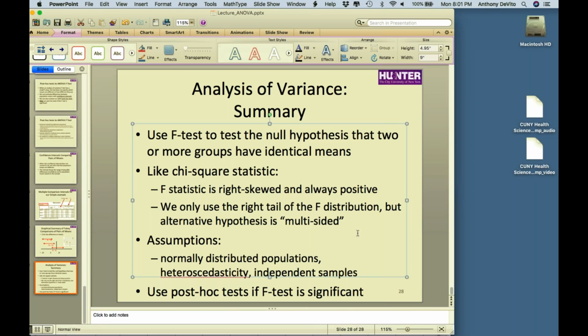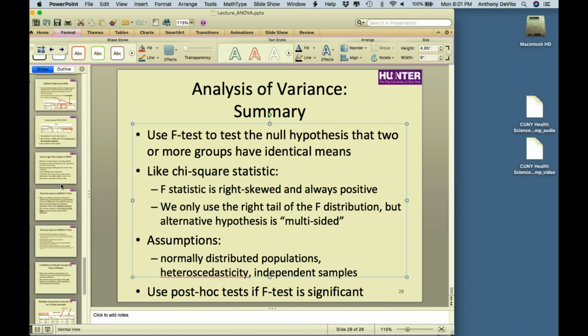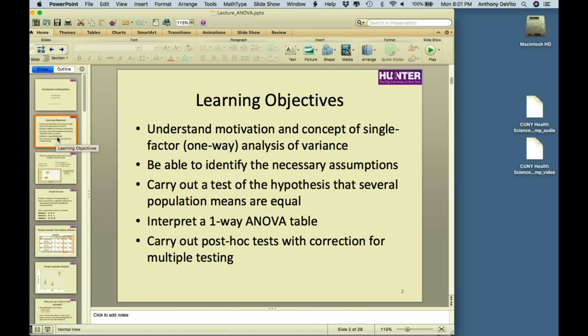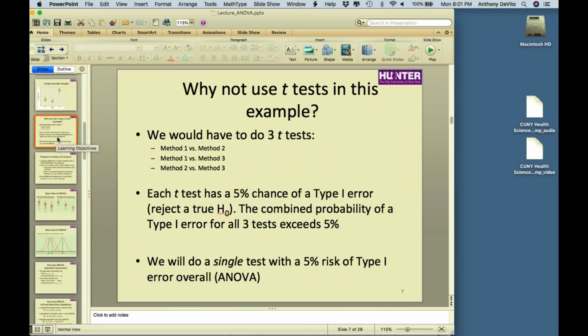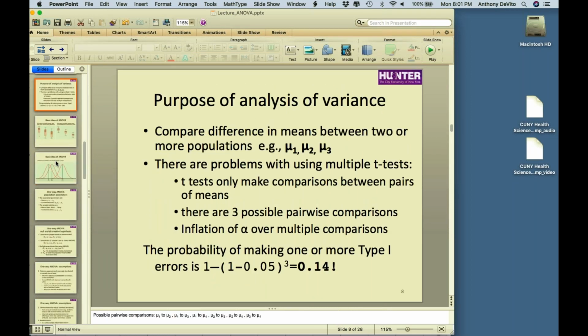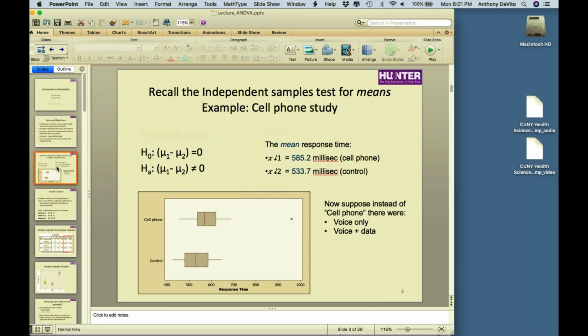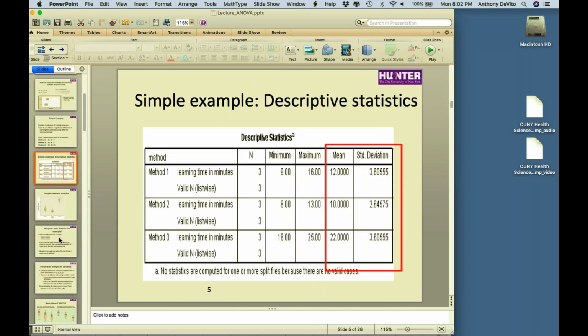Let me check on that heteroscedasticity. Okay, I think it should be homoscedasticity. Did I say homoscedasticity before? Is that a typo? Where are the assumptions? Should have been pretty early, I think.